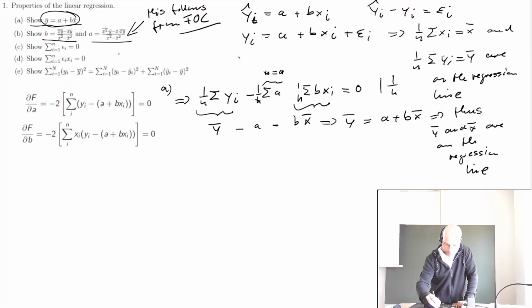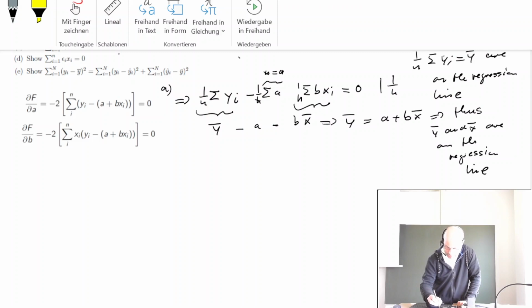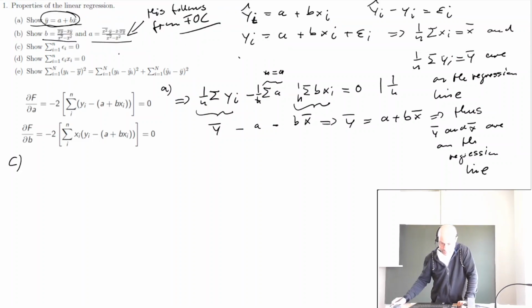So we can go to C. The sum over all error terms also has to be 0 in the linear regression.